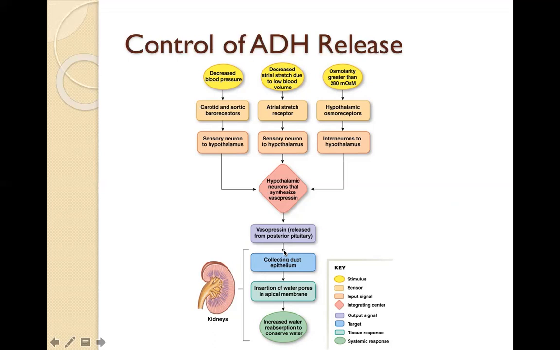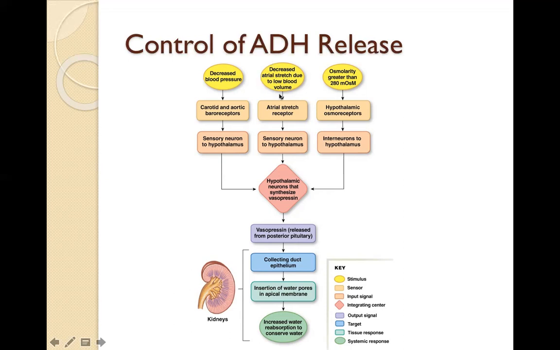It travels through the blood to the collecting duct epithelium, and it inserts water pores, those aquaporins, on the apical membrane, and it leads to increased water absorption to conserve water. And you can imagine that that would help increase your blood pressure, or at least maintain your blood pressure. Antidiuretic hormone also has the effect of vasoconstriction of your blood vessels, so you would increase your blood pressure to a degree.